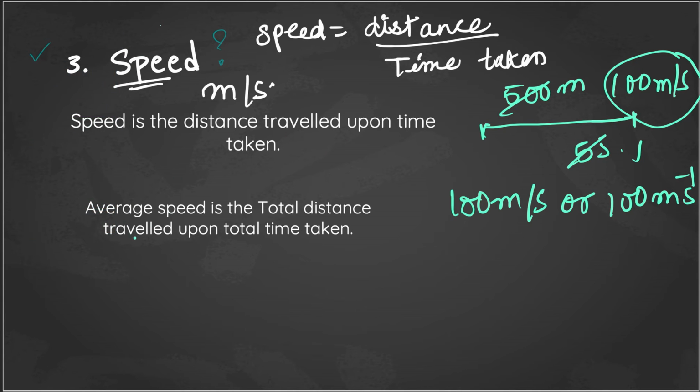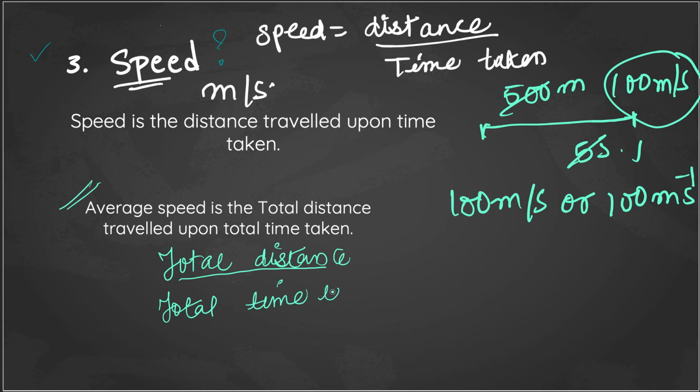Okay, next we have average speed. Average speed is the total distance divided by the total time taken.